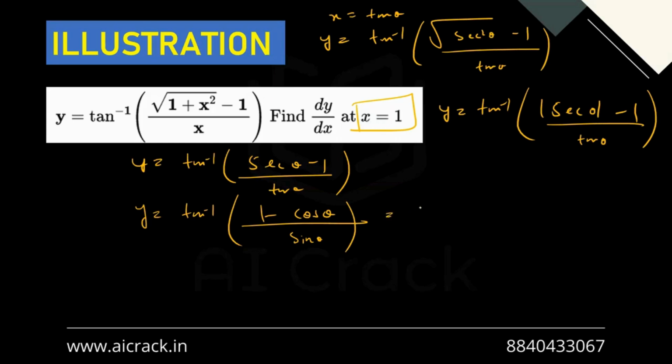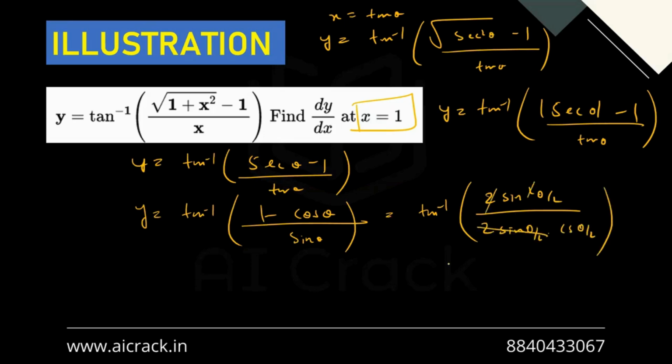We can further simplify this as tan inverse of 1 minus cos theta, which is 2 sin square theta by 2, and sin theta becomes 2 sin theta by 2 dot cos theta by 2, right? So this and this and this get cancelled out. What we've got is tan inverse tan theta by 2. This is theta by 2 only. Okay. Now what we have got? We have got y equals theta by 2 after doing our substitution.